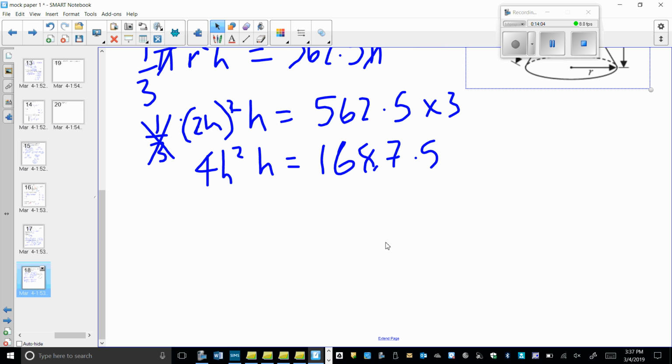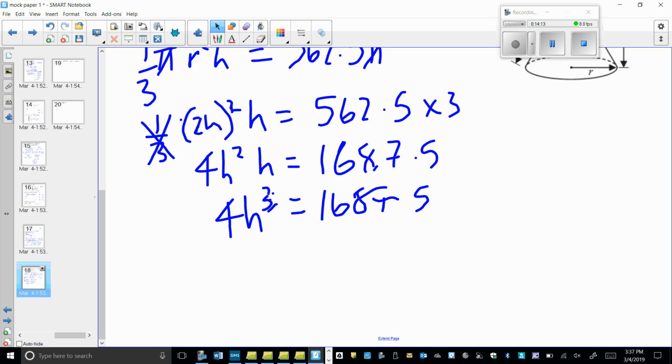So that's 4h squared multiplied by h is 4h cubed. So h cubed is 1687.5 divided by 4.